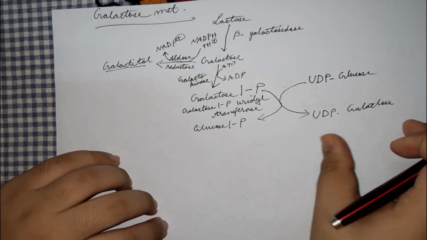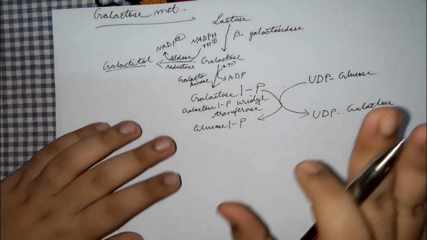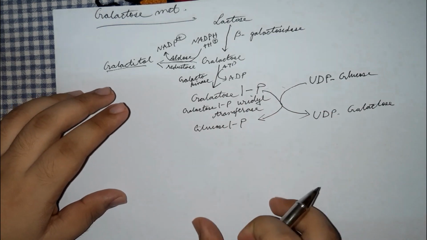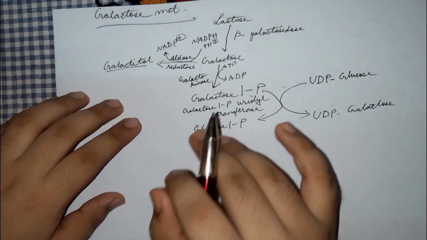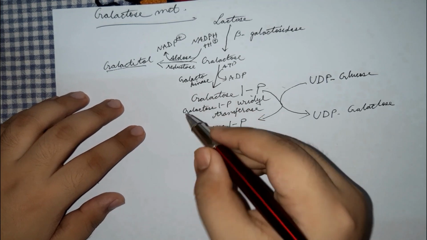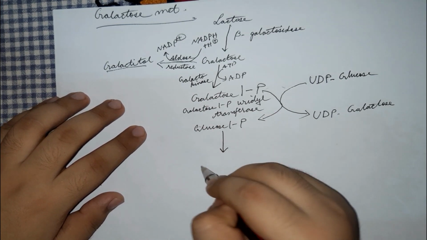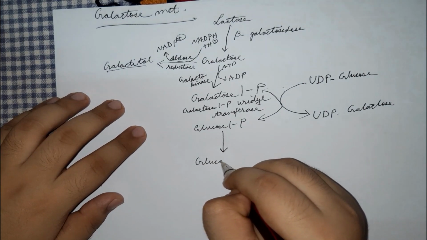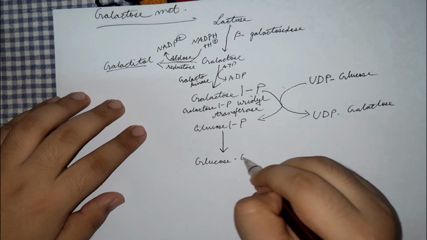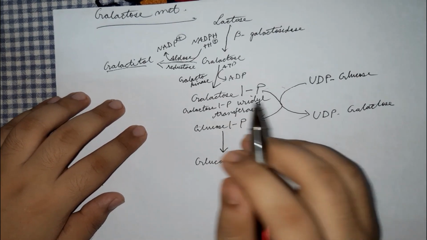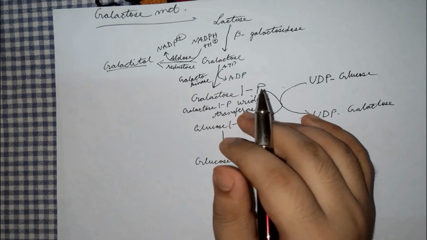Now what will happen to UDP galactose, we are not studying right now, because glucose 1-phosphate is the major thing that will keep on going. So glucose 1-phosphate will be very conveniently converted into glucose 6-phosphate. What will be the name of the enzyme here? Common sense.